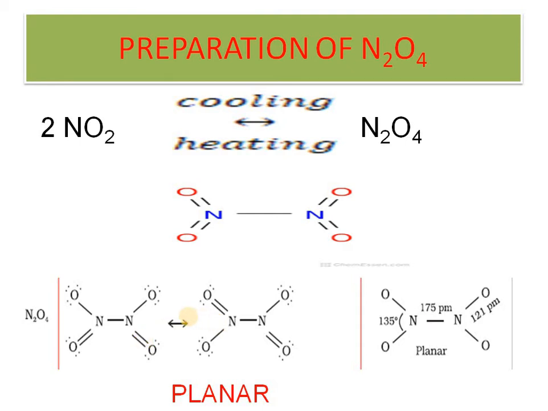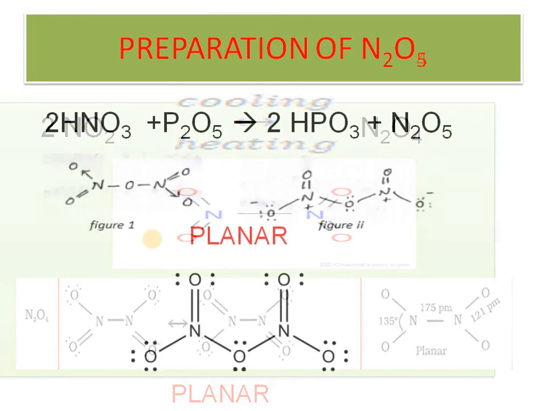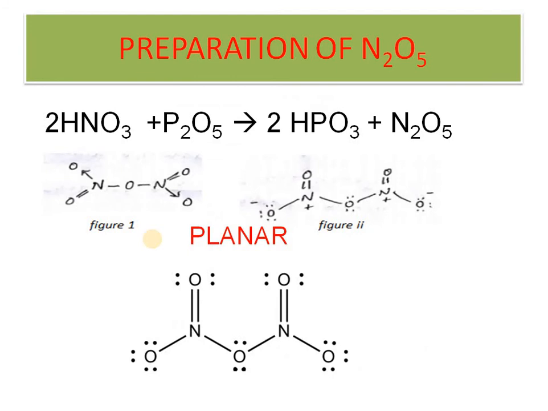Similarly, next is N2O5. N2O5 again we can calculate, just check it. Nitrogen, N2O5: we have 5 into 2, 10, 6 into 5, 30, 30 plus 10, and total is 7 into 8, 56. 56 minus 40, that will come out to be 16. 16 divided by 2 is equal to 8.